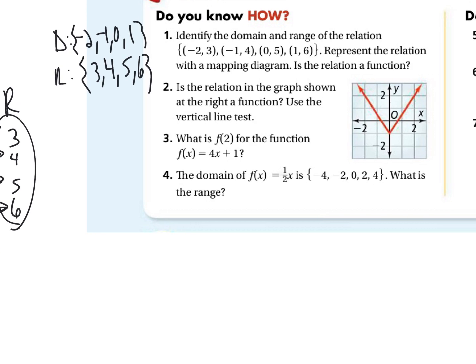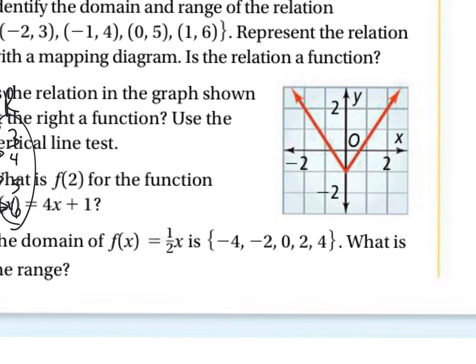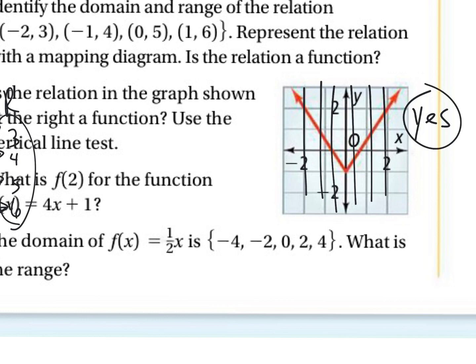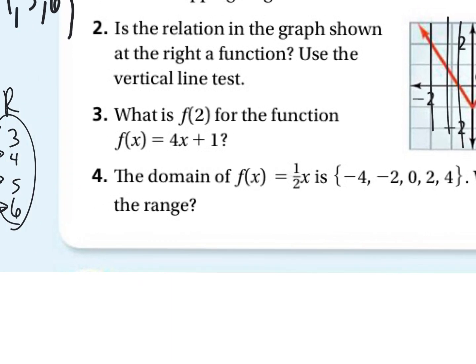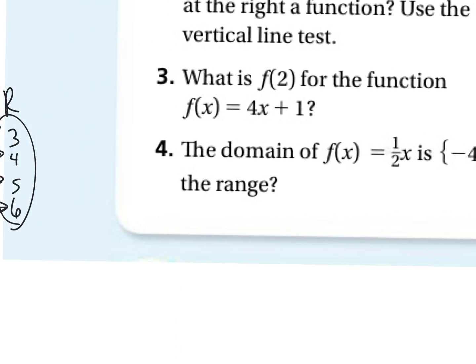Number 2, they ask if that's a function, use the vertical line test. So if we just draw vertical lines here, those are only hitting in one spot, so we could say, yes, that is a function. Number 3, f of 2, we're just substituting.